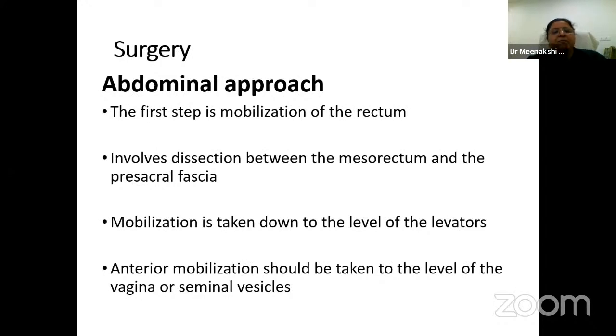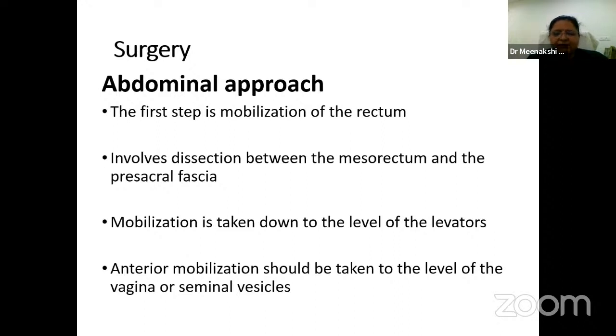When we think of the abdominal approach, what are the important steps? Though there are so many surgeries for the abdominal approach or so many surgeries for the perineal approach, the principle of the management remains the same. So for the abdominal approach, the first step is the mobilization of the rectum that involves the dissection between the mesorectum and the presacral fascia.